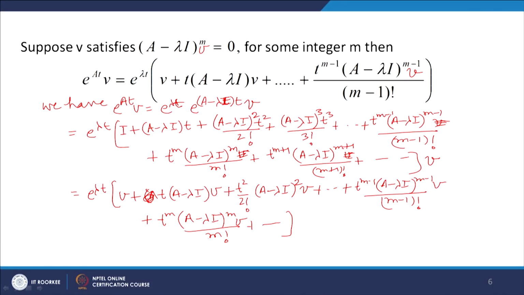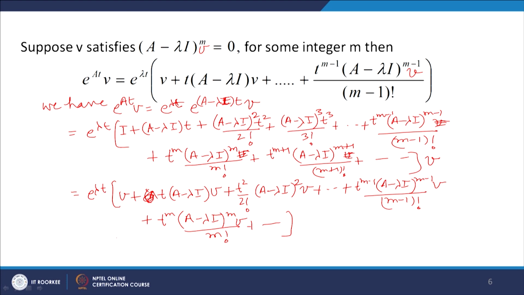This term will be 0: t to the power m into (A minus lambda I) to the power m b over m factorial equals 0, and after this we will have t to the power m plus 1 (A minus lambda I) to the power m plus 1 b upon m plus 1 factorial. That term will also be 0 because you can operate on this equation by (A minus lambda I), so that you get (A minus lambda I) to the power m plus 1 b equal to 0.